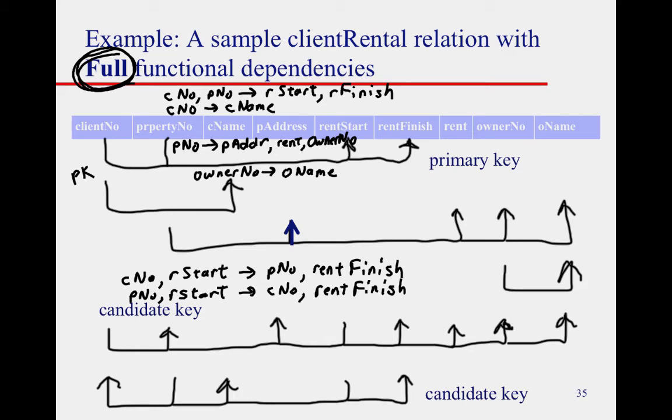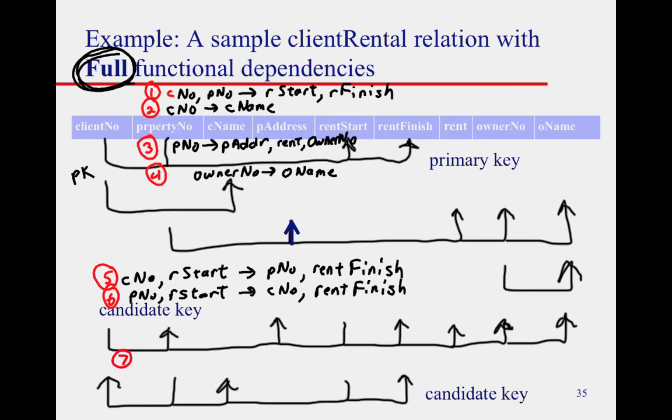Okay, based on what you see here, this is functional dependency 1. This was client number, functional dependency 2, 3, 4, 5, 6. There's 2 more. You got it.